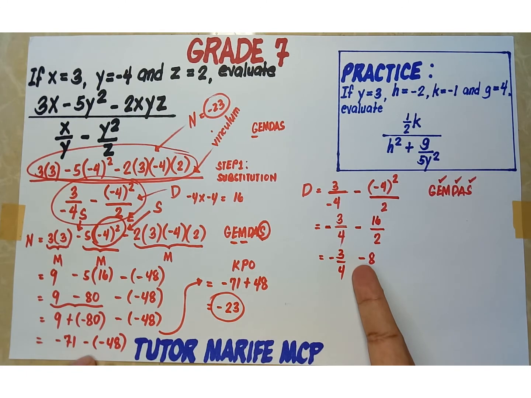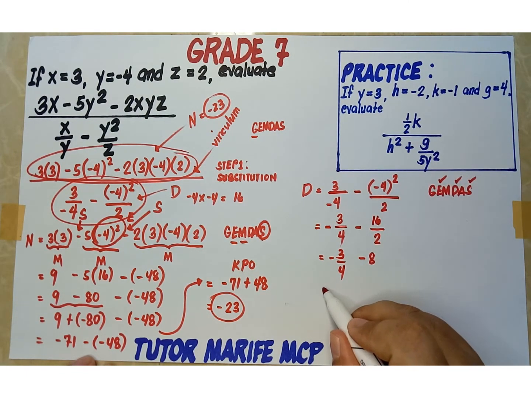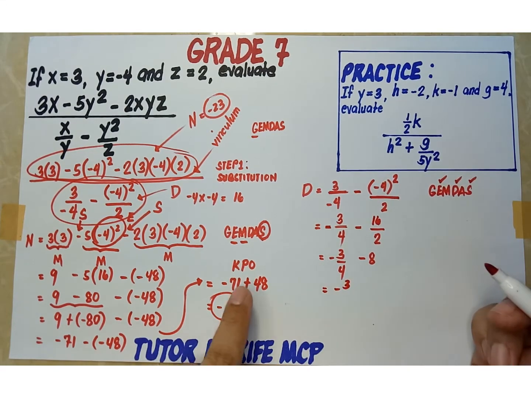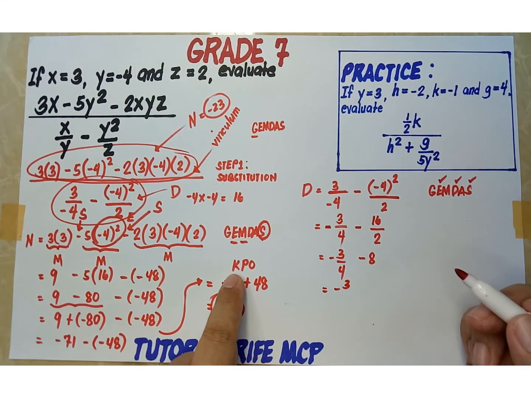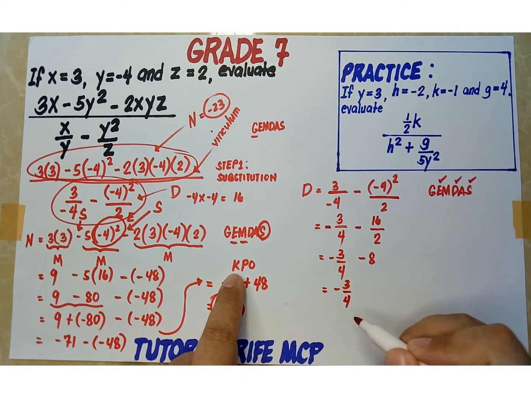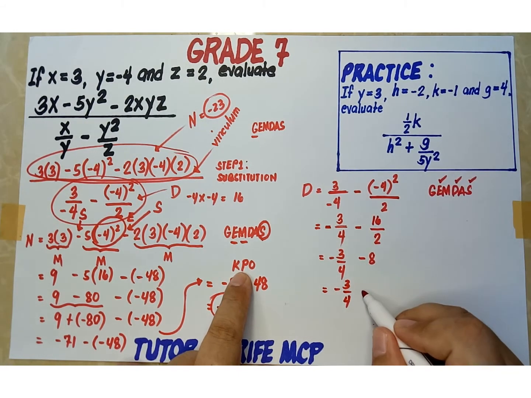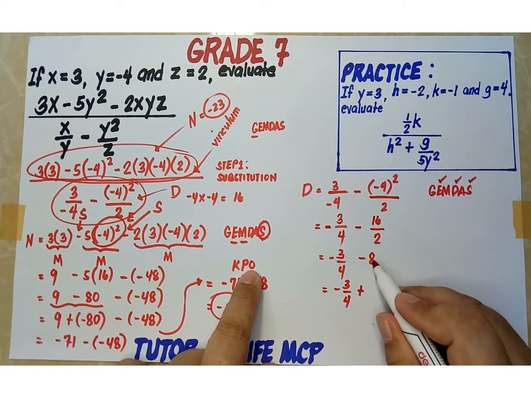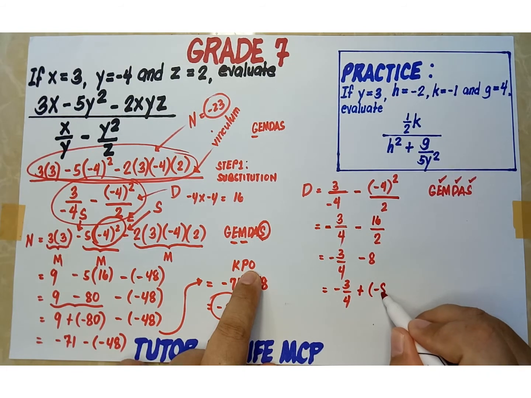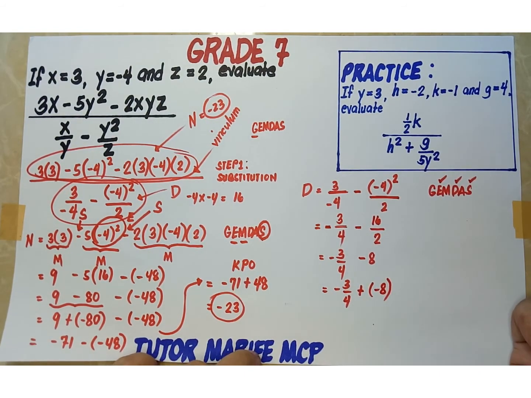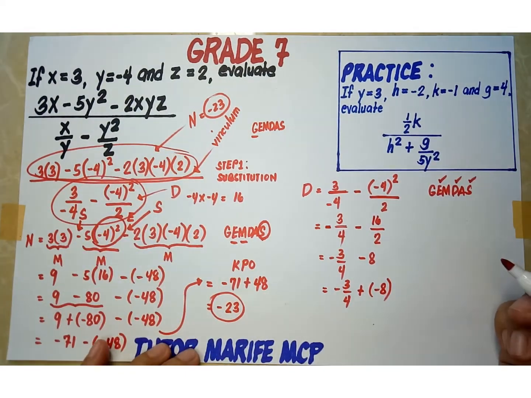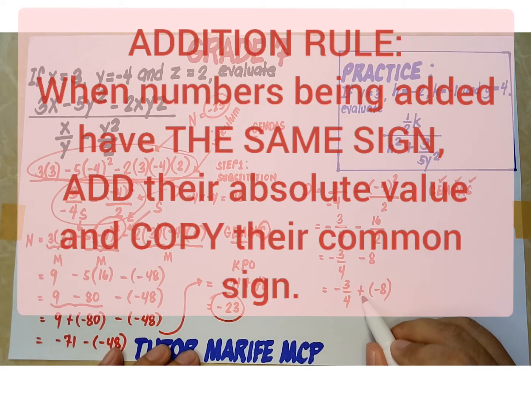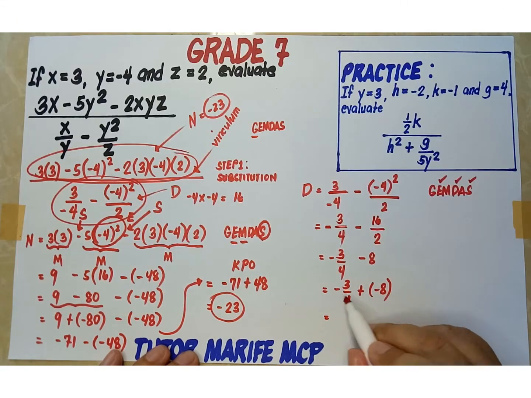Last operation to be performed is subtraction. Again, we will use the KPO. Keep the first term, so it's negative 3/4. Change minus to plus, and change the next number to its opposite. Opposite of 8 is negative 8. Then we apply once again the addition rule. When we are adding numbers with the same sign, we add their absolute values and copy their common sign.